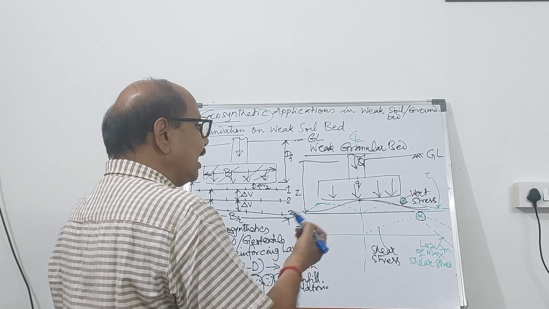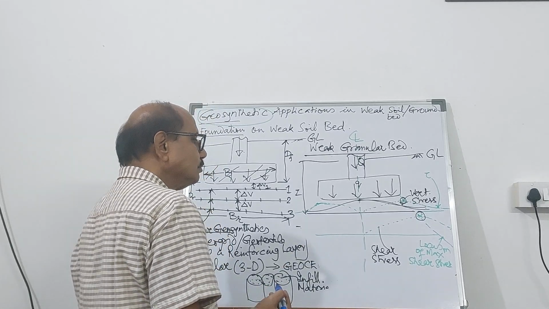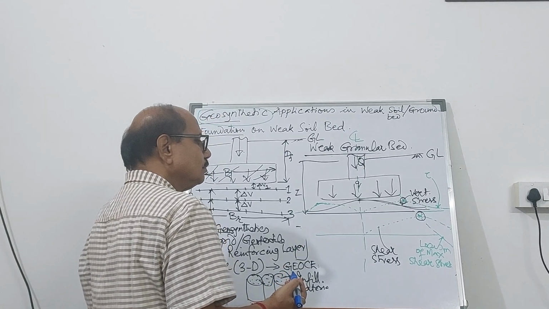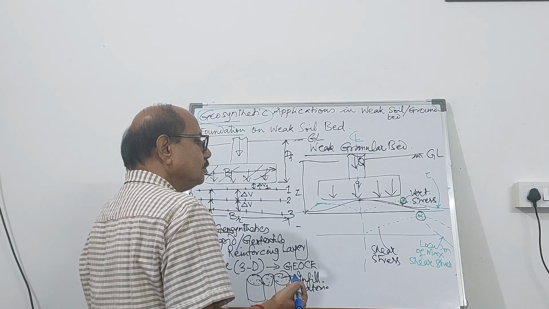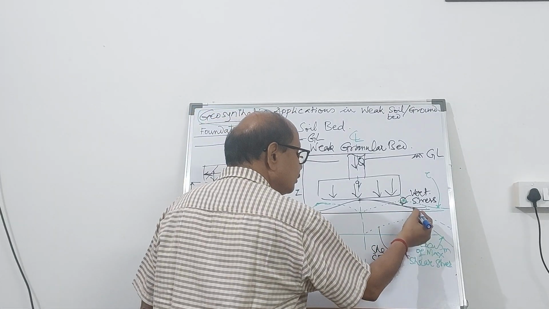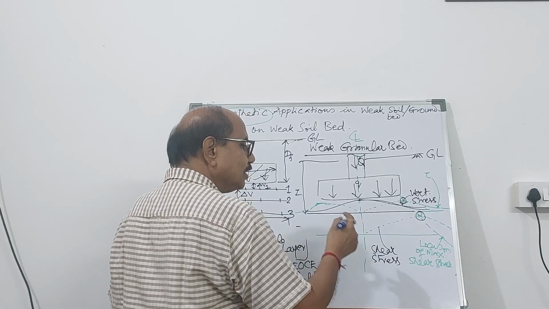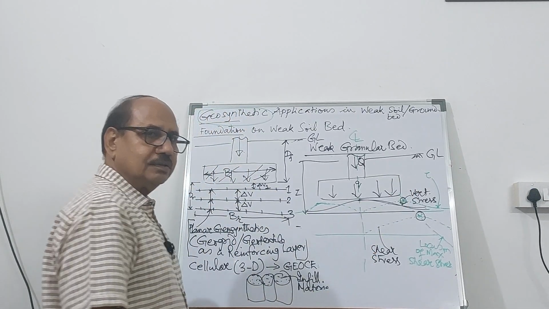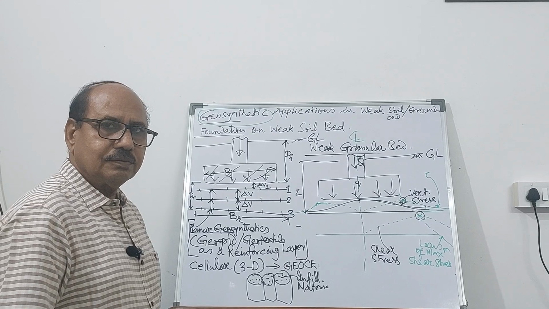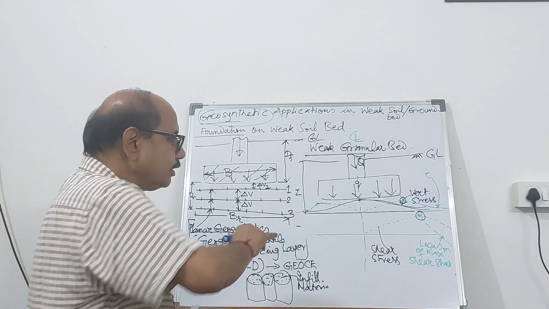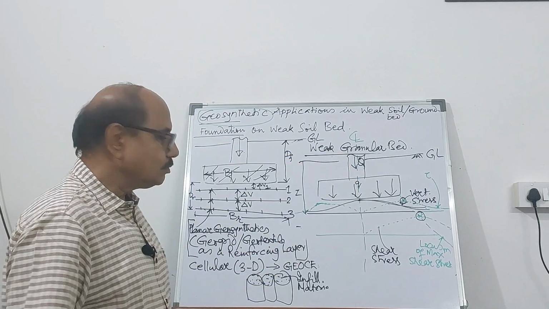So what is going to happen? The soil will fail if it is weak. And if the soil is going to get sheared, then it will move like this.